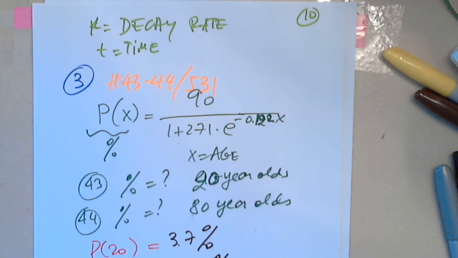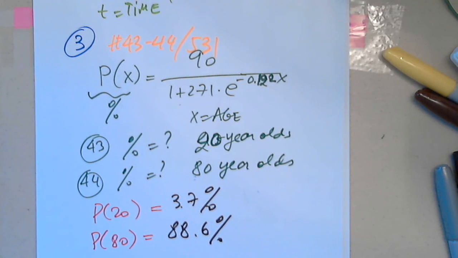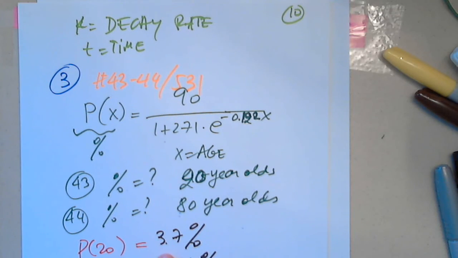According to the model, people in their 80s, a huge percentage of them, almost 89% of them, have some coronary heart disease. People like you in your 20s are very unlikely to have a heart disease situation.